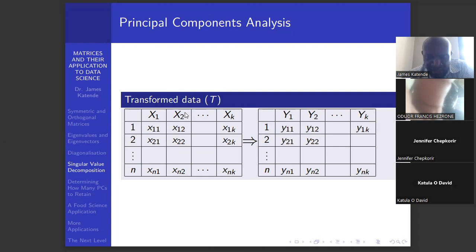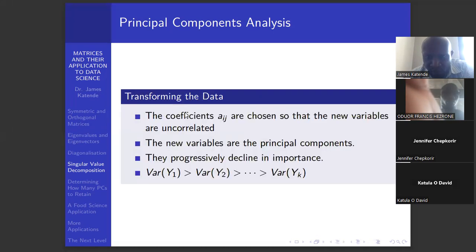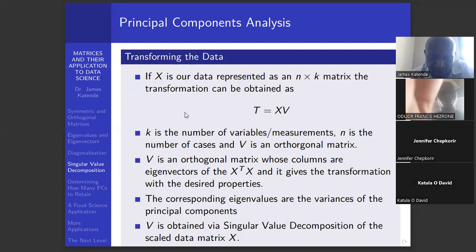So for them to be comparable, the data is scaled so that it has 0 mean and variance 1. Before you do the analysis, we shall assume that the data matrix has been scaled to make the variables comparable, so that no one variable is given more importance than is due to it.